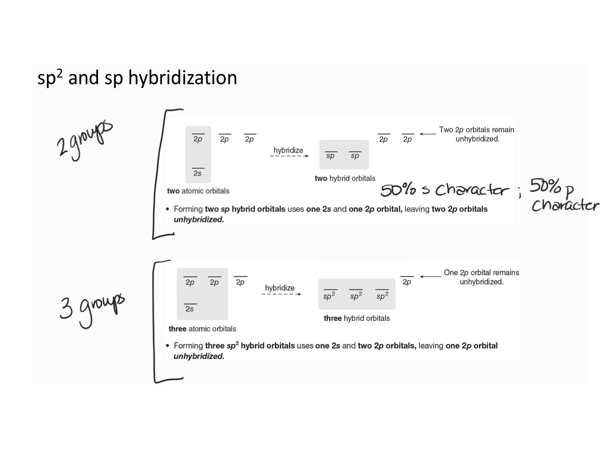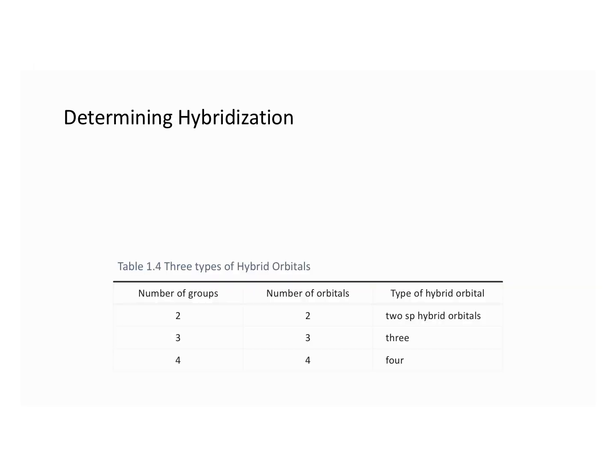To determine the hybridization, you need to count the groups. If there are 2 groups, it's sp hybridized. If it's 3 groups, it's sp2 hybridized.